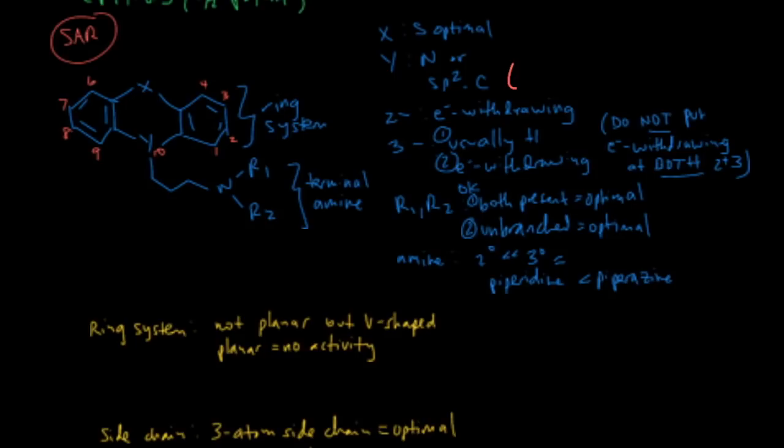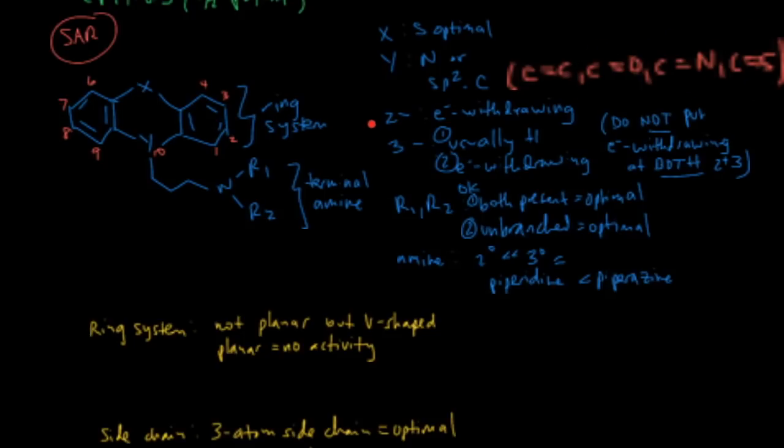You got your C double bond C, C double bond O, C double bond N, C double bond S. Those are examples. Make sure you know those in case you have to draw them. So Y can be a nitrogen, or a C double bond C, C double bond O, C double bond N, or C double bond S to be optimal.